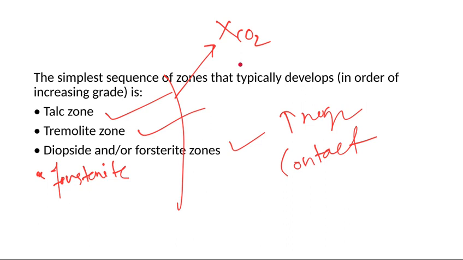Like only talc, or talc and tremolite, or talc, tremolite and diopside, depends on the XCO2, the CO2 partial pressure or concentration, and whether the system is open or closed.